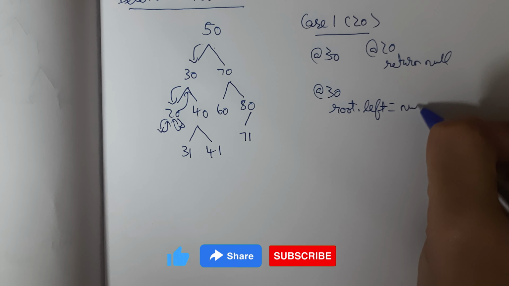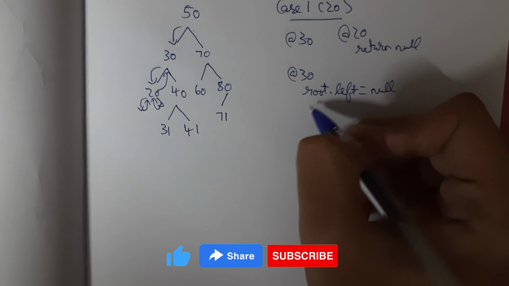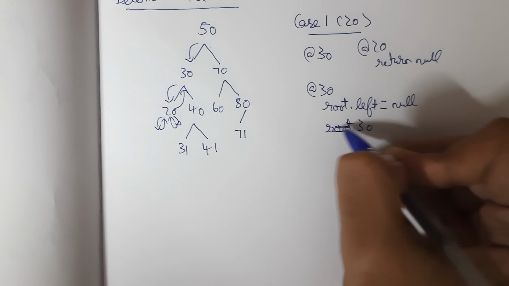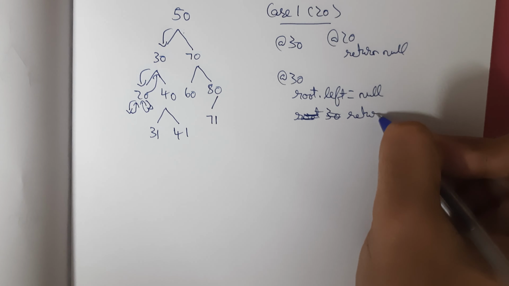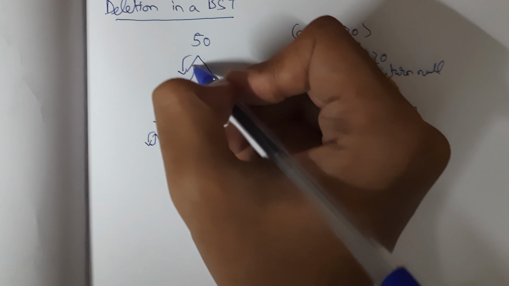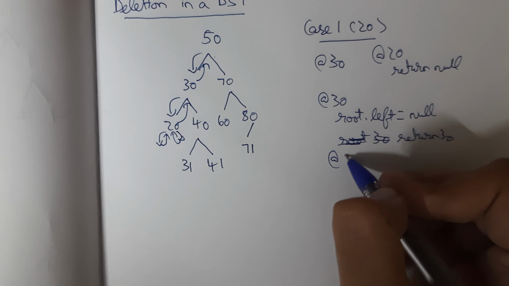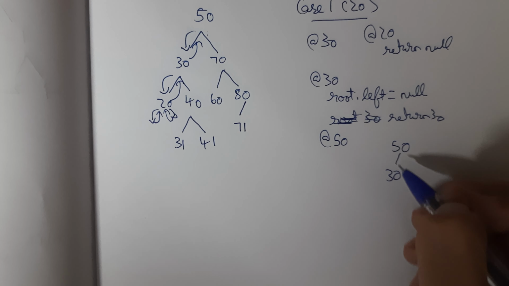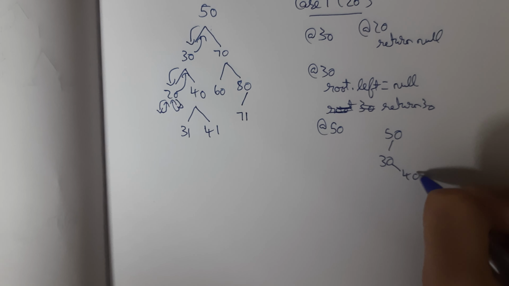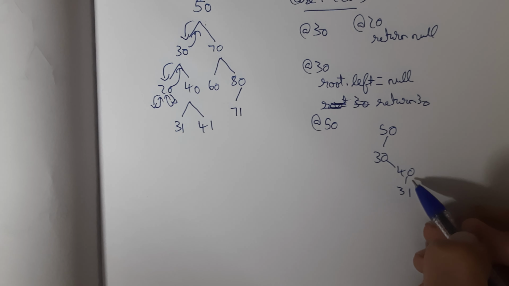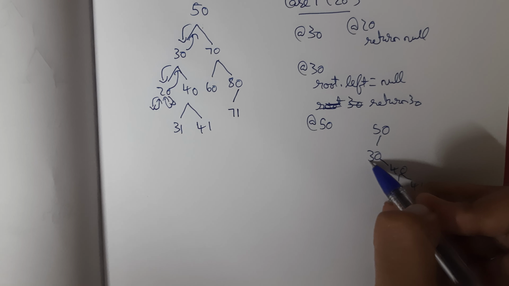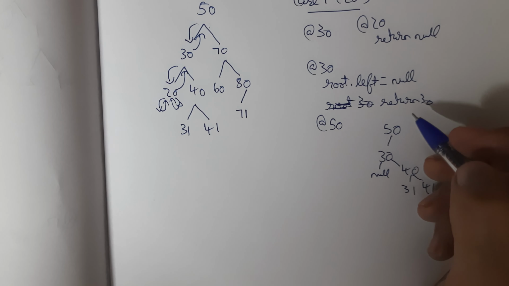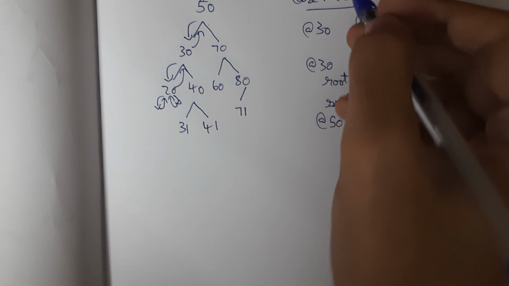So we return the root value of 30 back to 50, and at 50 the tree will look like this: the right subtree will remain the same and the left subtree will be 30 with its children 31 and 41, and this value is going to be null. So that is the reason why we return the root value back to 50. So this is the first case.